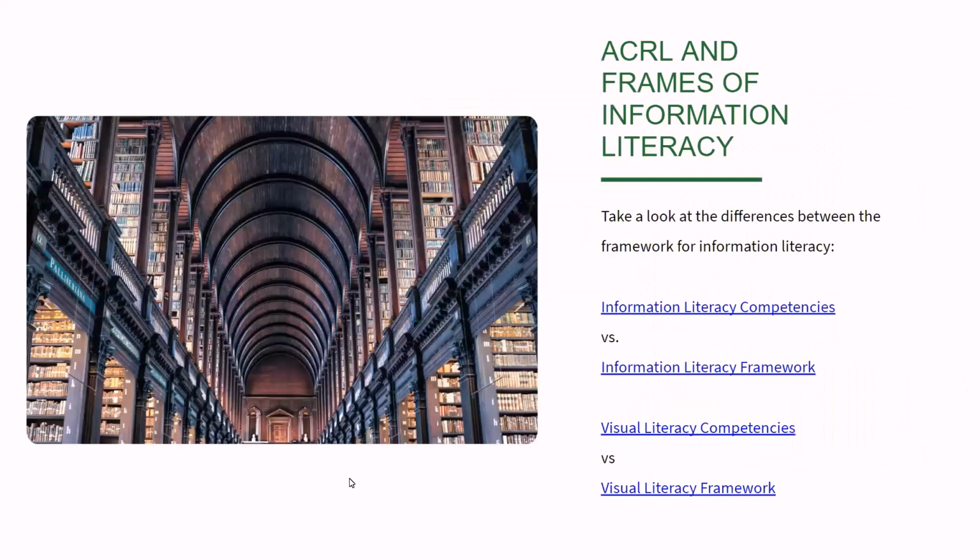So I'm going to allow you to just take a few minutes at your own leisure to look at the differences between the ACRL framework for information literacy. The competencies are sort of the old way of thinking about it, and the frameworks are the new way of thinking about it.